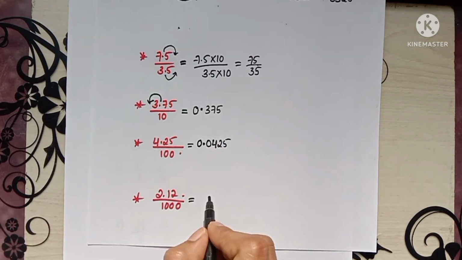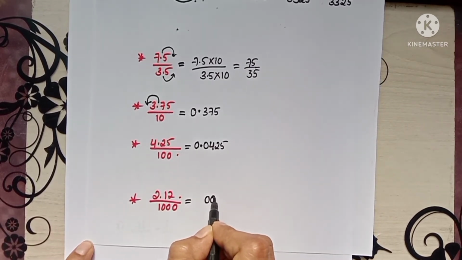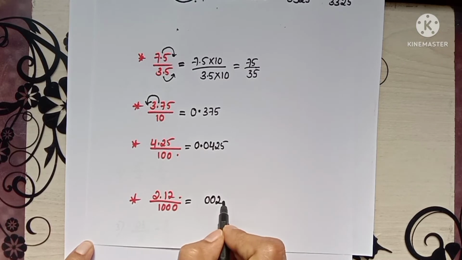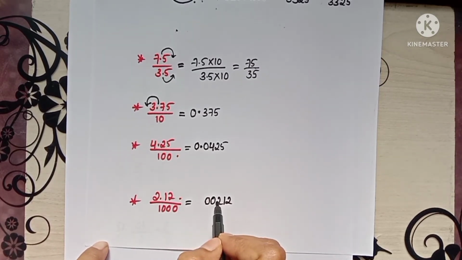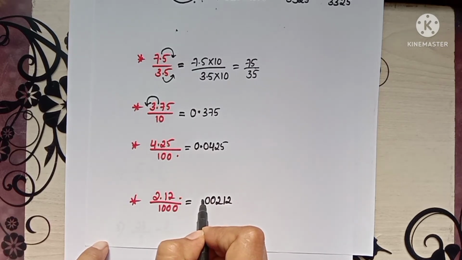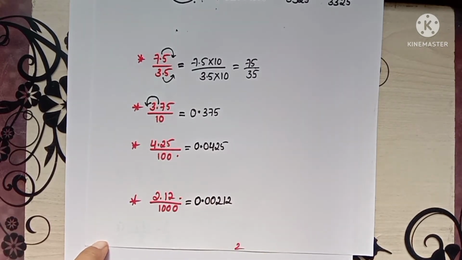So 00, then 2. Remaining write down as it is, 1, 2. 3 digits means 1, 2, 3. Decimal point will come here. Nothing is there means we have to write 0.